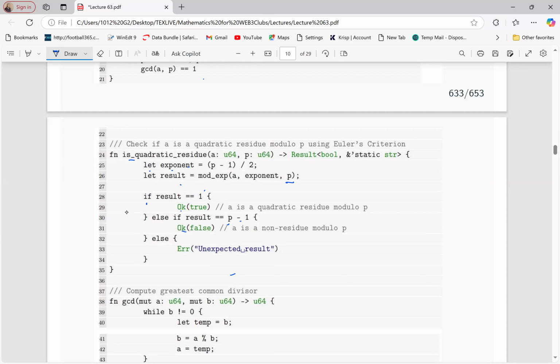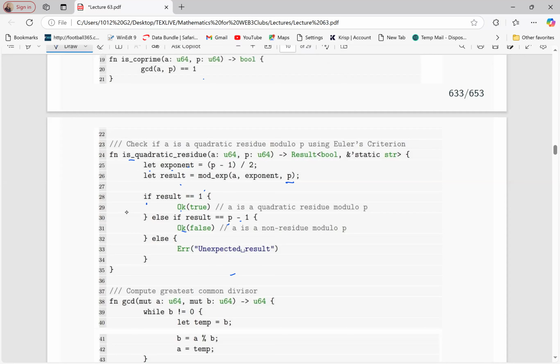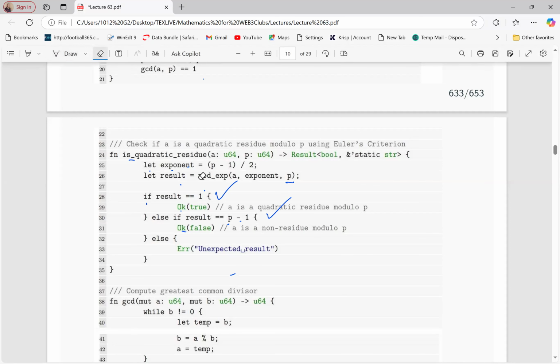Now, if these two are not the cases, then it means that there's an error, because it must be this case or this case. If it's not any of these cases, then there must be an error somewhere. The error maybe could be with the code, or maybe with some numbers there.